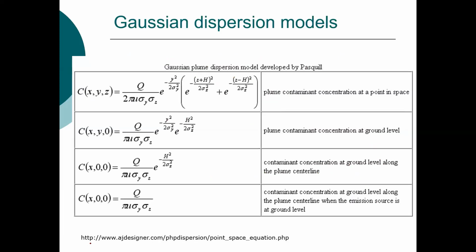So that gives you some idea of some of the models that we can use or how we can use these dispersion models. This is just a summary of the various different models. In this case, we have a concentration in the X, Y, and Z directions. Here, Z is equal to 0, so this is a ground level concentration.